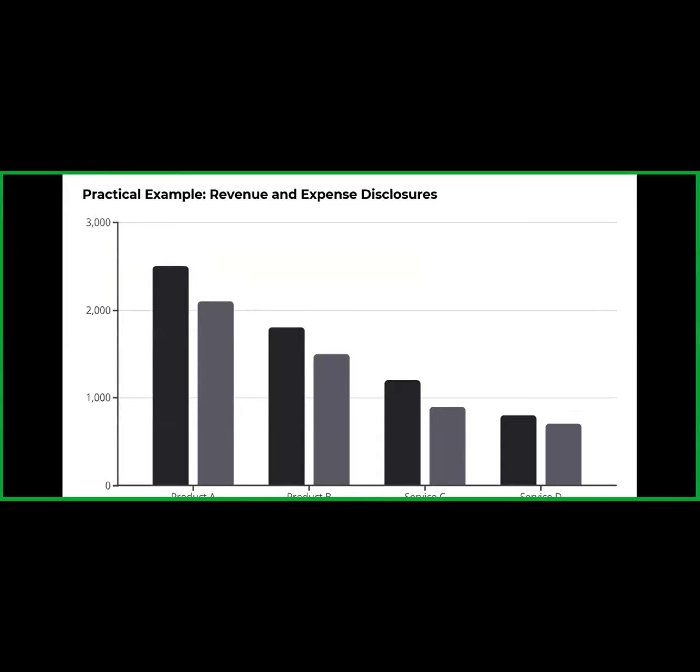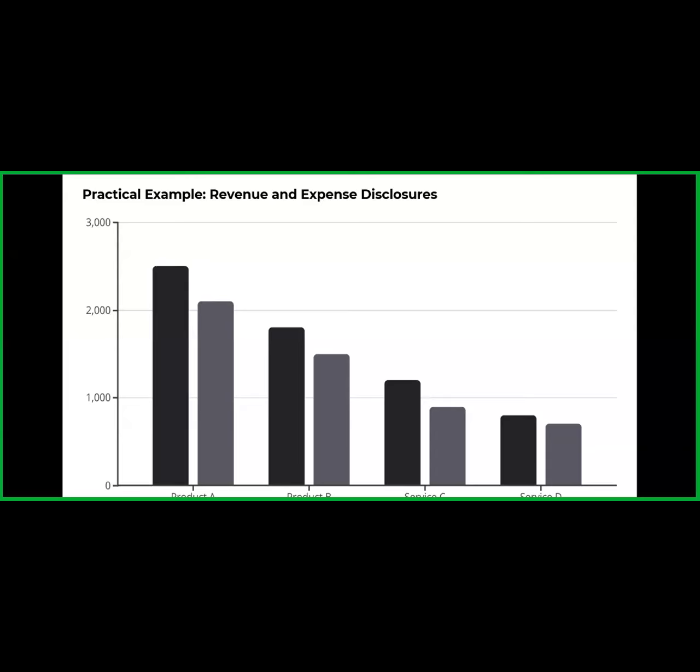In this example, the same organization is producing four different products: product A, product B, product C, and service C and service D. By selling these different products and services, the company generates revenue.